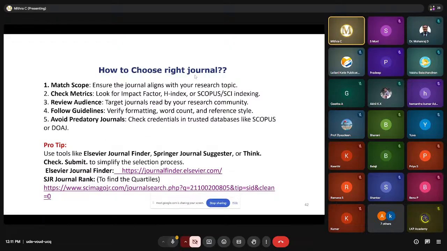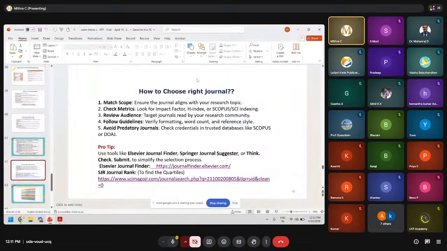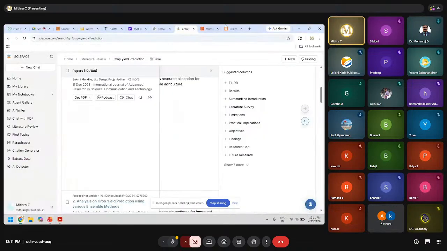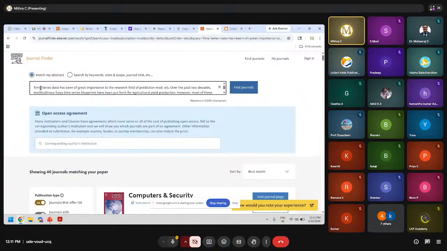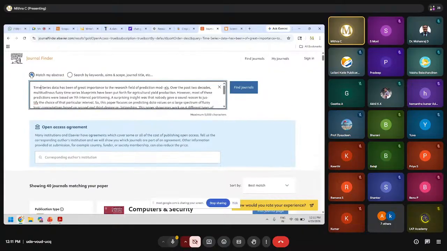Okay, how to choose the right journal? There are many ways that we can choose the right journal according to your content. Many people have doubts about how to choose it efficiently. On that note, there is a tool called Elsevier Journal Finder. In the Elsevier Journal Finder, you go to the website. I have already pasted the content, the abstract.